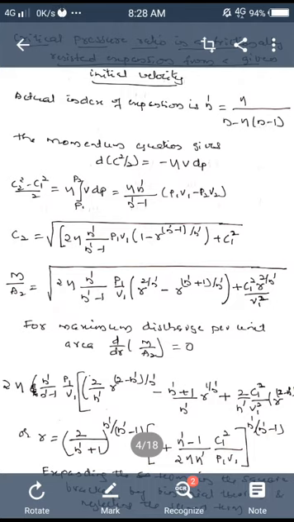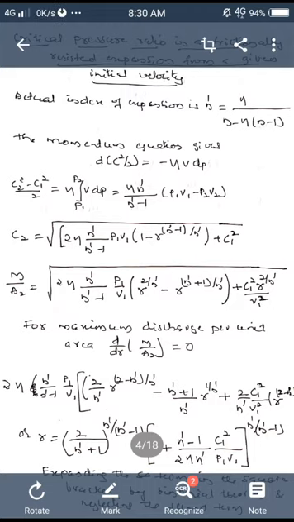The actual velocity of steam is C2 = √[2η n'/(n' − 1) P1V1 (1 − r^((n' − 1)/n')) + C1²], where C1 is the initial velocity.